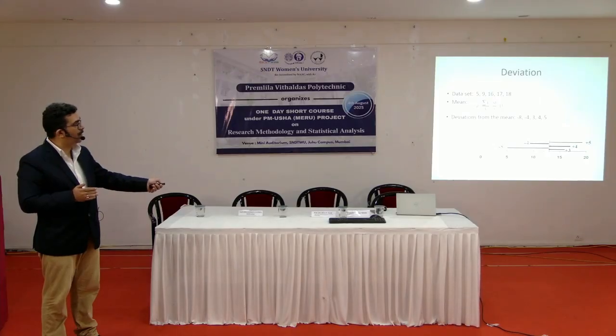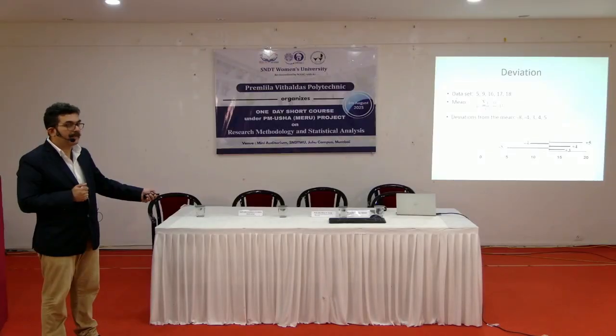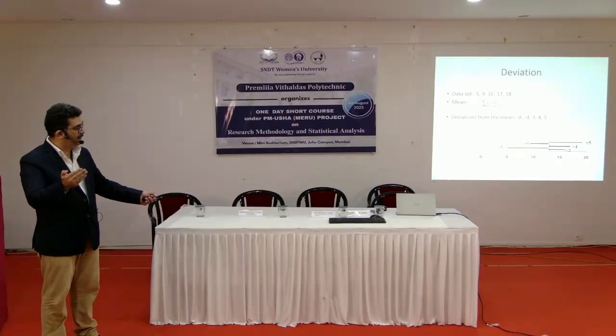Now I want to find out the deviation of all these numbers from 13. You can see the scale I have shown. Now this is the average value, mean. So the first value 5 is 8 less than the average, that is minus 8. The second value 9 is 4 less than 13, minus 4. 16 is plus 3 more than your average value.